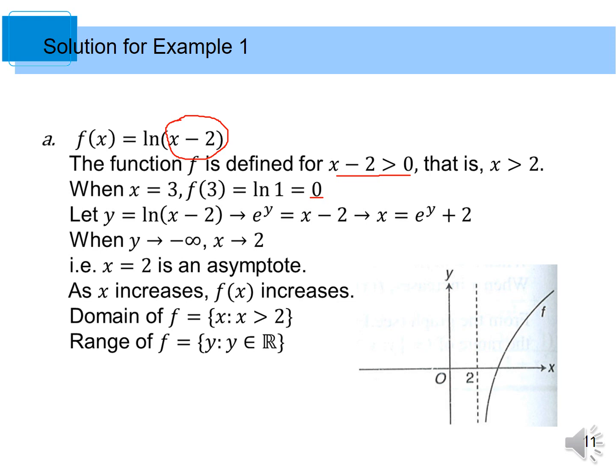For the x-intercept, let y equal to 0, so it can be written as natural log of (x minus 2) equal to 0.